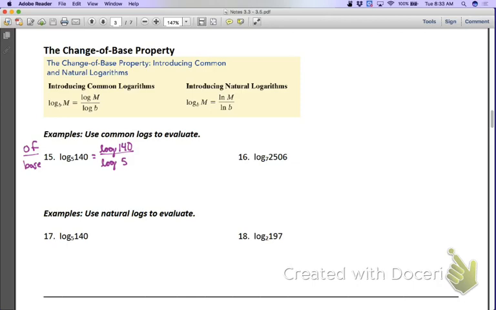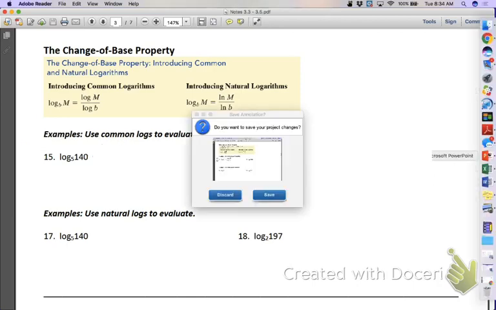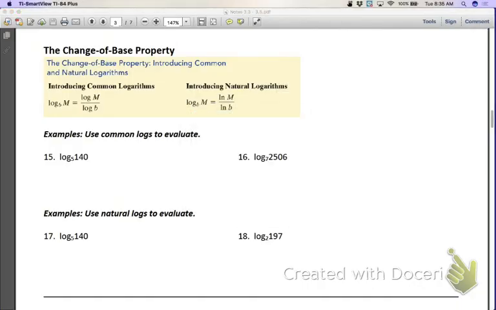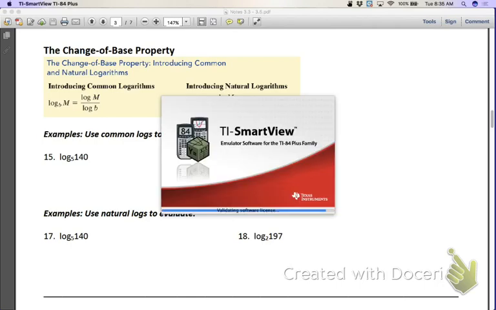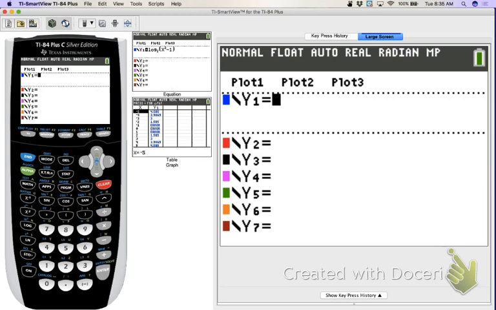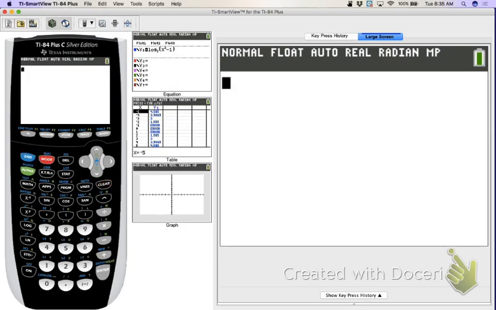It makes it to where you can easily evaluate with a scientific calculator or with regular graphing calculators. Whenever you type it into a calculator, if you do change of base, the biggest thing I would tell you is to make sure that you have a parenthesis around everything.